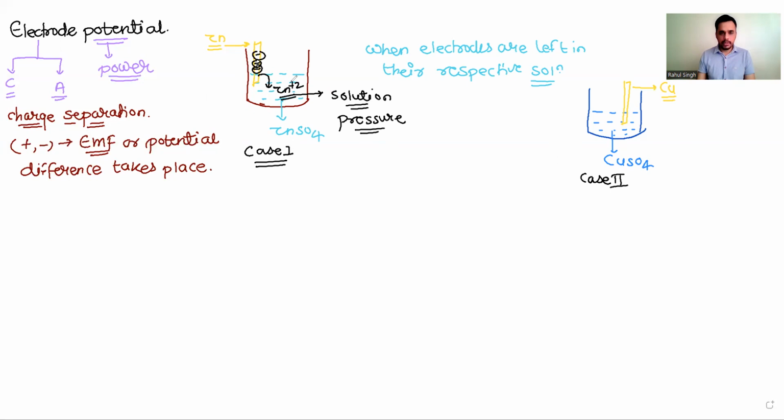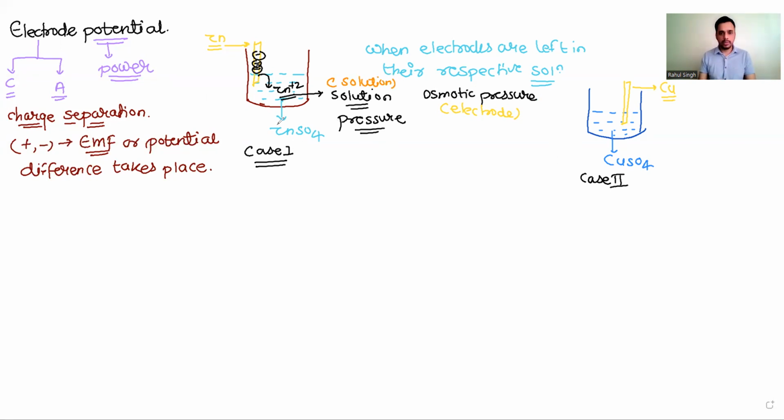The pressure of the solution and the pressure working on the electrode is osmotic pressure. This one is for the electrode, and this one is for the solution we have taken.